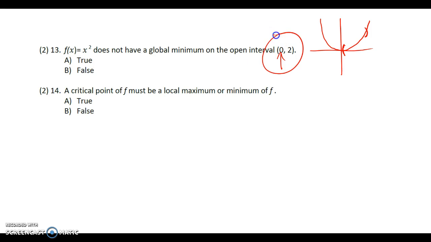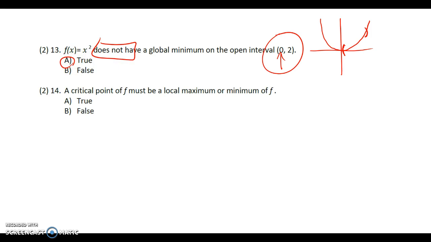On an open interval, it has to occur where a critical point is, and it doesn't here. A critical point of f must be a local maximum or minimum. Now that, oops, I'm sorry. This does not. That's true, right? We said it doesn't.